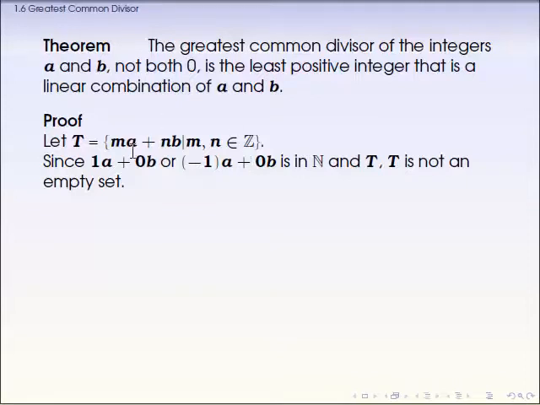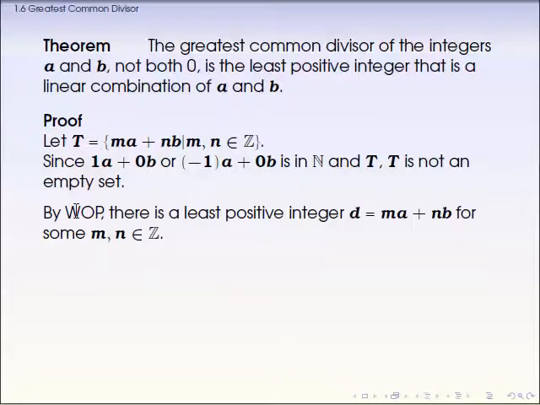One of them should be in this set, of course including 0, but it's not a big deal. Both of them are members of T, so that chosen one must also be in T. Which means T is not an empty set, so it has at least one element in there.